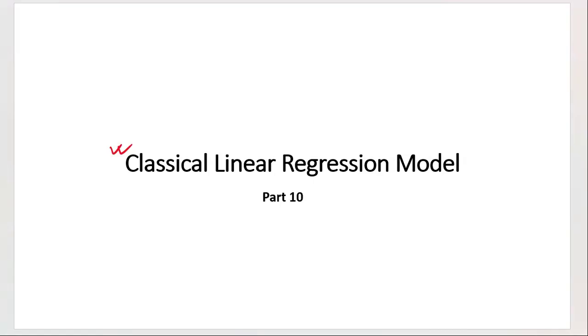In this session, I will be explaining a very important question: why WLSE, the weighted least squares estimator, is the BLUE estimator under heteroscedasticity. In the previous video, I talked about how OLS is not a good estimator if heteroscedasticity is present.